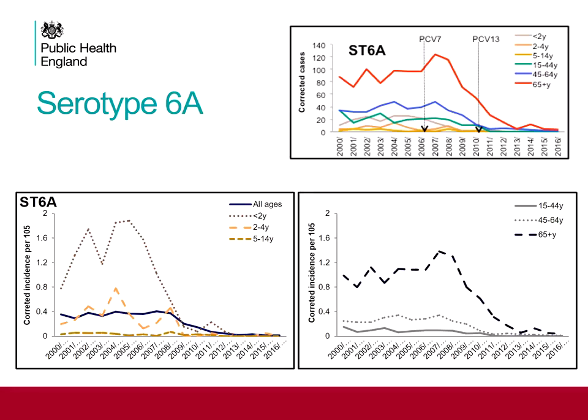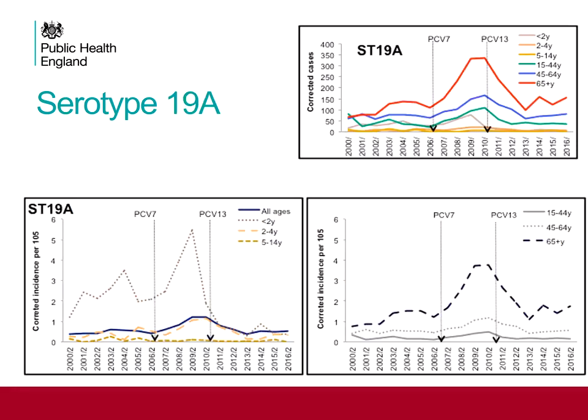6A is not a problem because 6A started going down before the vaccine came in, because there was some cross-protection with PCV7, which has 6B, and then it went down really nicely after Prevnar 13. So 6A is not the problem. 19A is the other one. Now, 19A is really important because it's not contained in Synflorix, but it is in Prevnar 13.